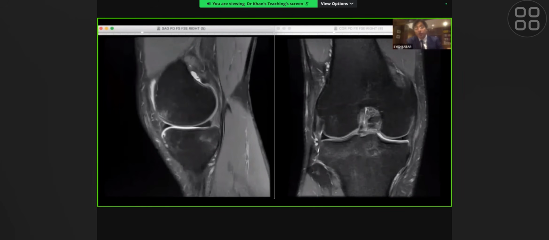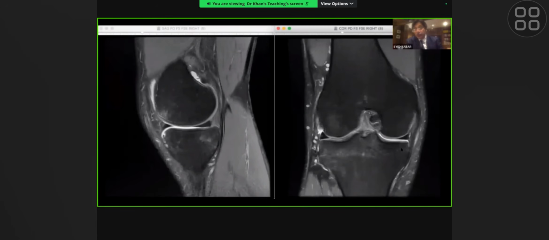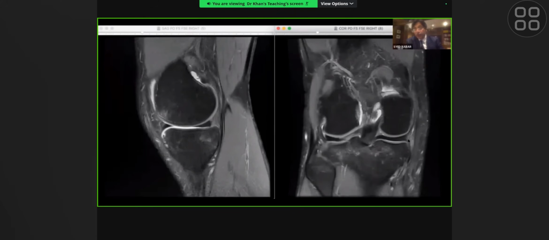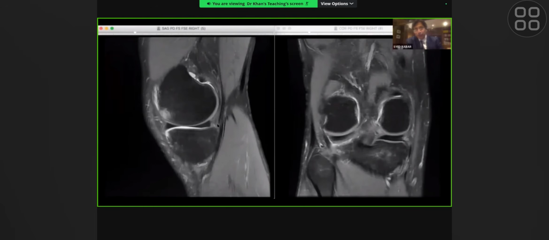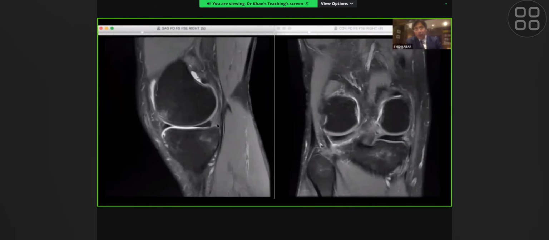So I would look harder on the coronal sequence at the same time to see what's happening with the peripheral meniscocapsular junction of the posterior horn of the medial meniscus. Now, there's a bit of high signal. I'm not entirely convinced this is real or not, but this is the area where you look for a ramp tear.